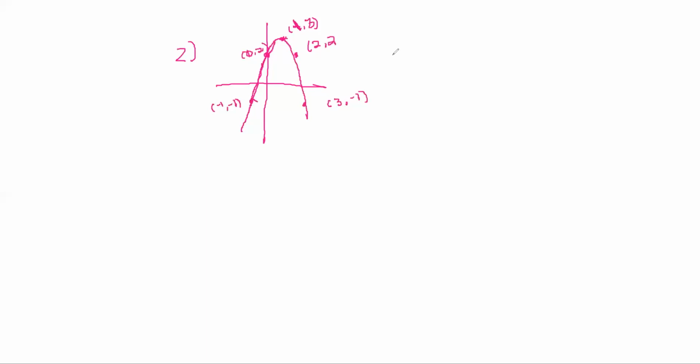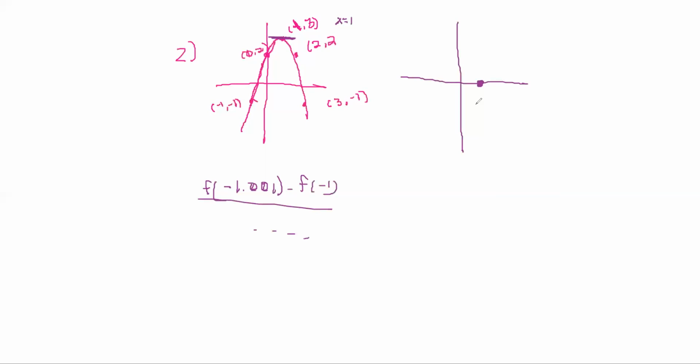Given this information, you can graph the derivative, because first of all, we know that the derivative f prime is equal to 0 when x is equal to 1. So I'm going to draw a big dot here. And then, you could go through and do your calculations, like f of -1.0001 minus f of -1, and do that whole thing.